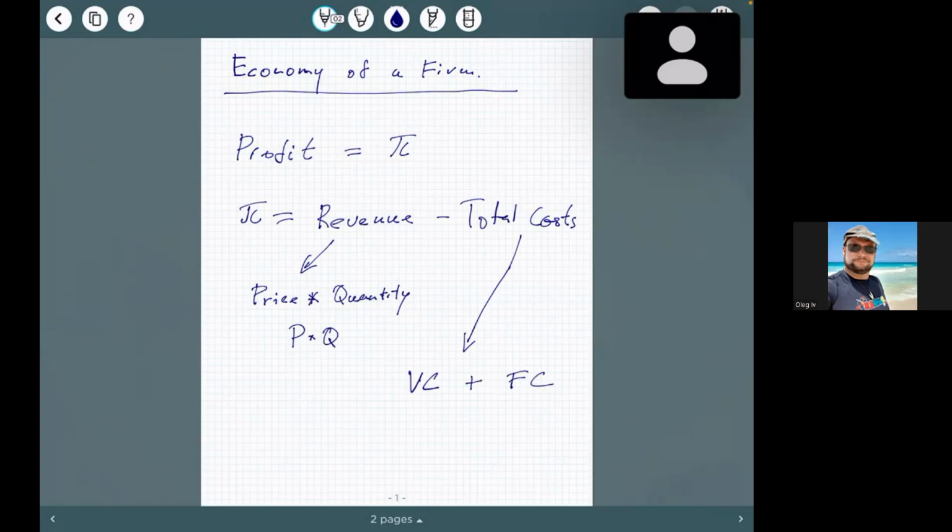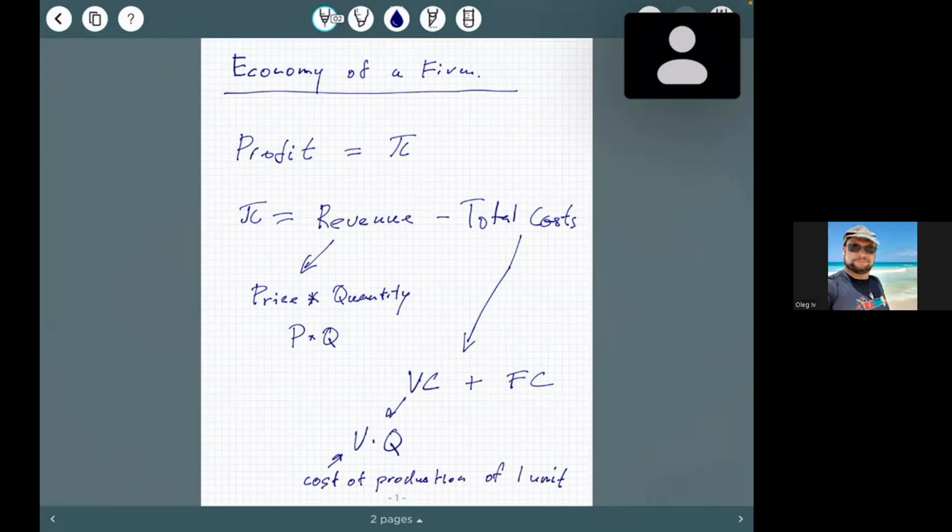So this is variable cost. These costs we divide even further to V multiplied by Q, where V is basically the cost of production of one unit of a product.